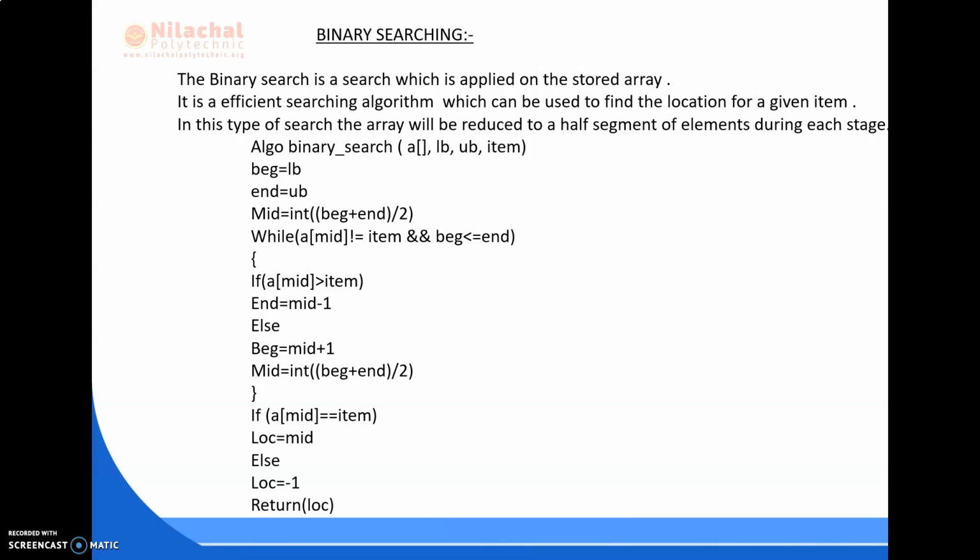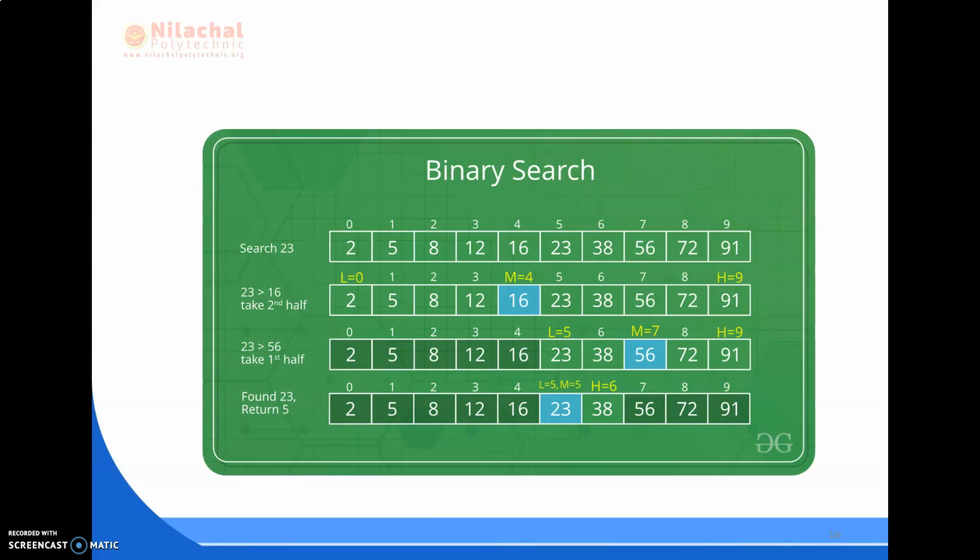So if at any location this condition comes that A of mid is equal to item, then that mid position will be set as location and at the last location will be returned. Else, as usual, it will be an unsuccessful search. So location will be set as -1 and similarly for unsuccessful search, -1 location will be returned. So this is how binary search is done.